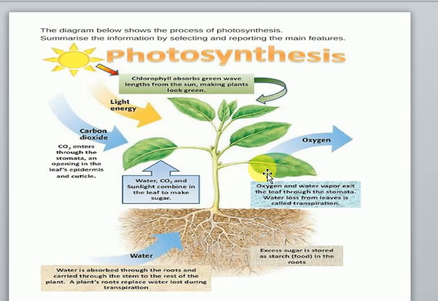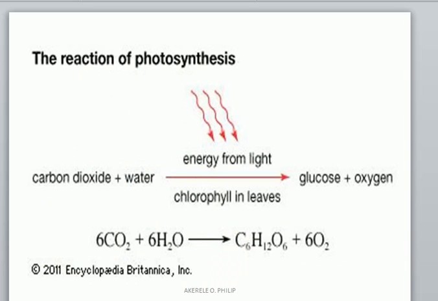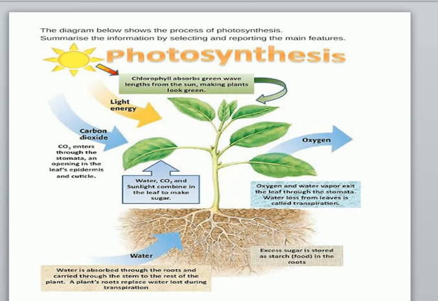Now, this diagram here, I love this diagram so much because it's trying to make things easy for us. You know that from this equation here, carbon dioxide combines with water. How does the carbon dioxide get into the leaf? How does water get into the leaf? So we have some diagrams that will help simplify that. The water comes from what?